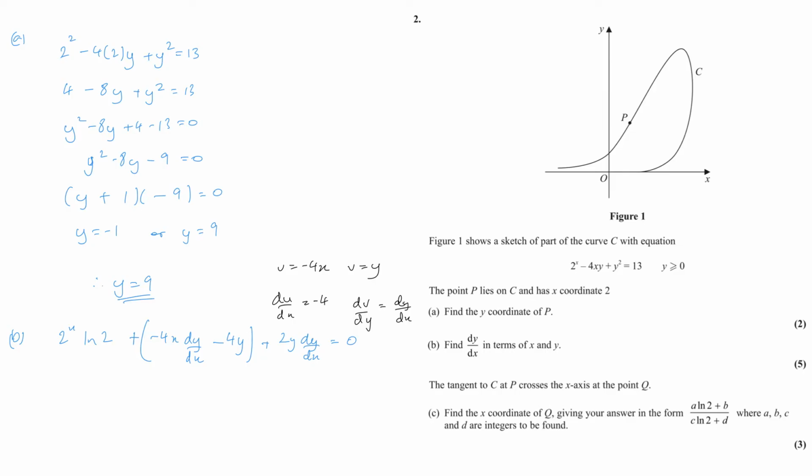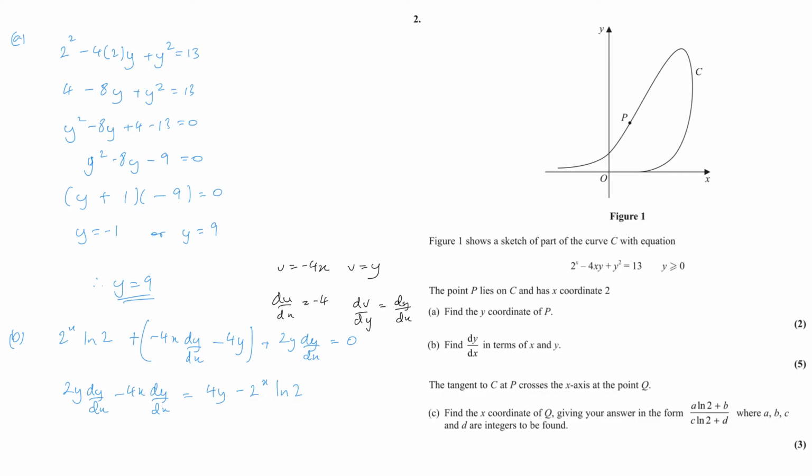Because we have to find dy by dx, we really need to get the dy by dx's on their own. So 2y dy by dx minus 4x dy by dx, those two I'm going to keep on the left, and then on the right we've got 4y minus 2 to the power x ln 2. This could be the other way around.